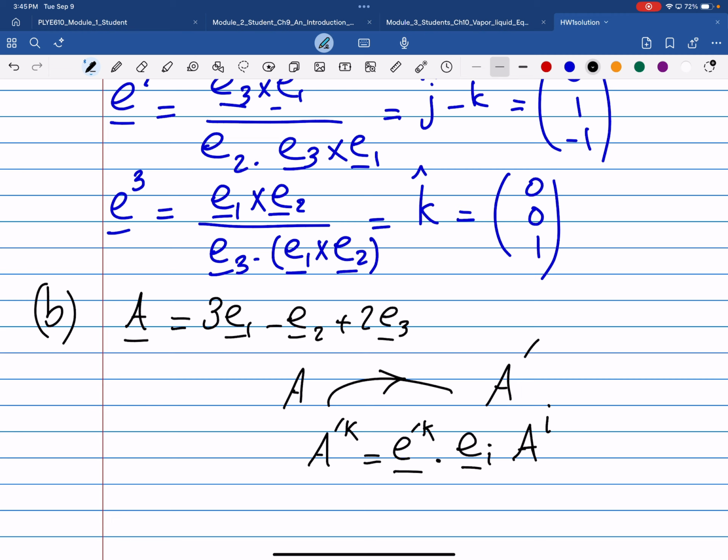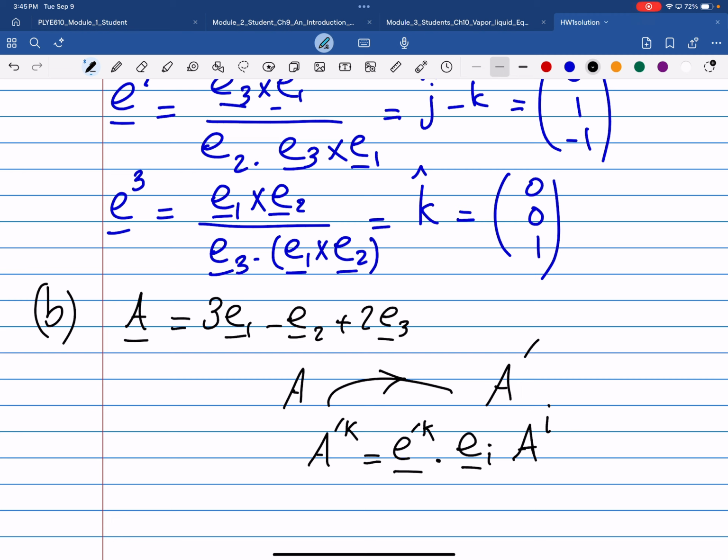It is the reciprocal of the primed coordinate. But think about it for a couple of minutes. Reciprocal of the reciprocal of the transformed coordinate.